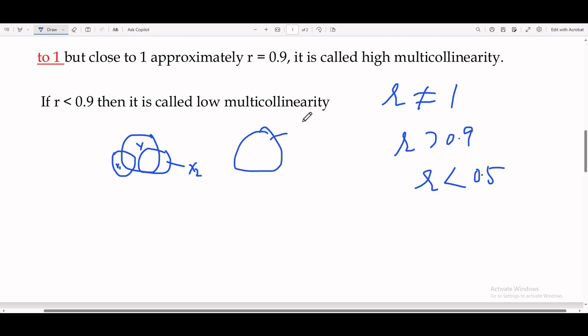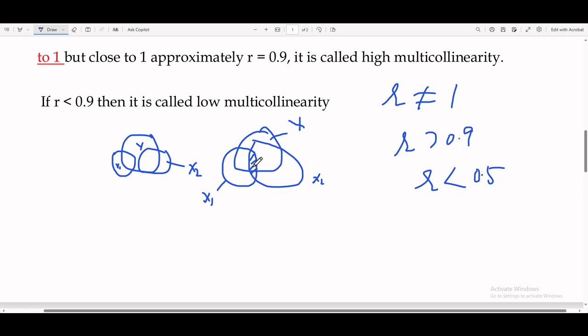Now look at another. Suppose this is dependent variable y, independent variable x1, and this is x2. Look at this shaded portion. This is overlapping.